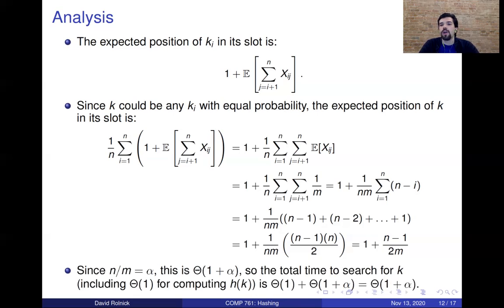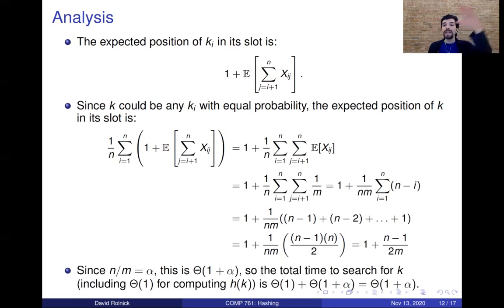Why are we including the constant term if it's just 1? The reason is because n might be a lot smaller than m, in which case this thing would be really small, and 1 would be the dominant thing. We're trying to include two cases.